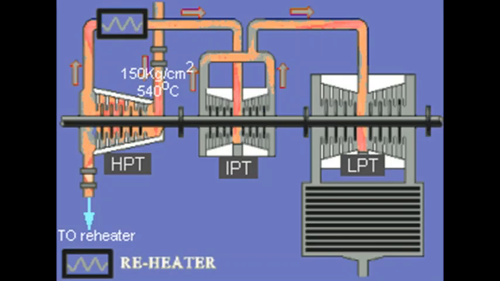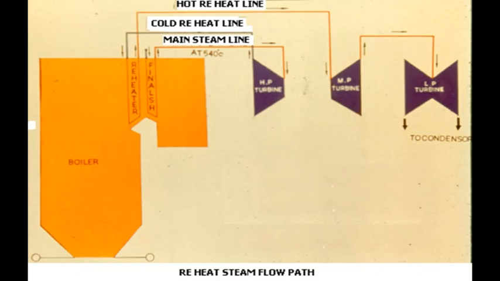In large utility boilers, we have a separate arrangement for enhancing the total cycle efficiency, which is called resuperheating or reheating. In this arrangement, the superheated steam, which is taken out of the boiler and sent to the high pressure turbine, after expansion in the turbine is taken back to the boiler for resuperheating.